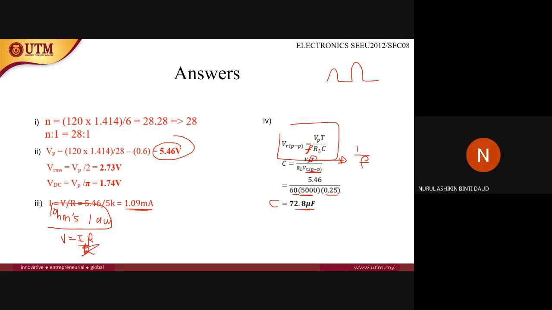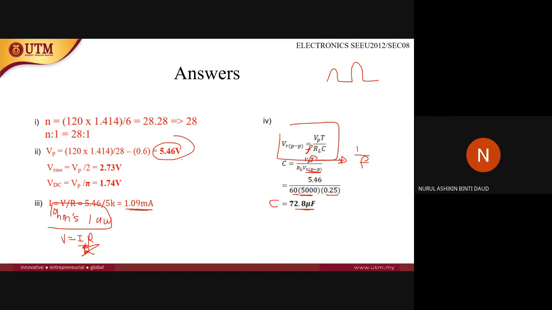Is that okay? Okay, Fahmi, be careful with what kind of circuit and what kind of waveform it will form.